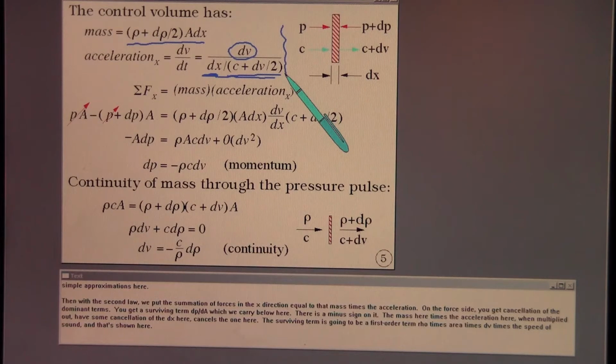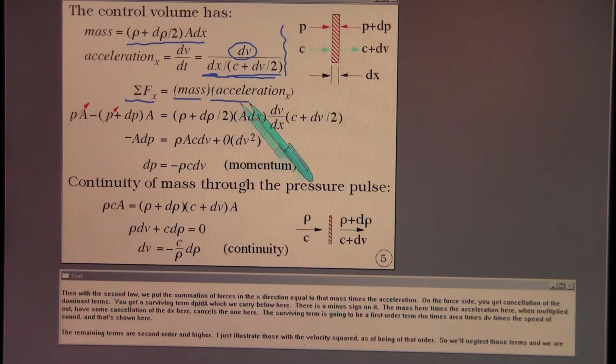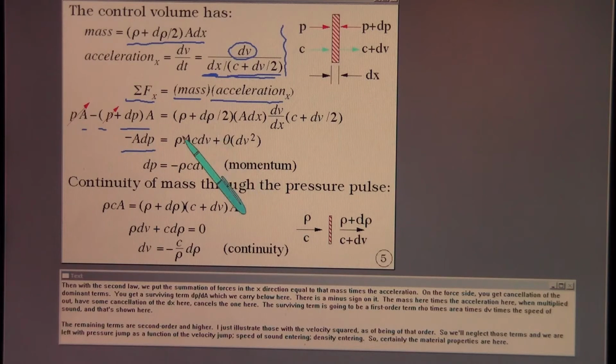Then, with the second law, we put the summation of forces in the x direction equal to that mass times that acceleration. On the force side, you get cancellation of the dominant terms. You get a surviving term, dp times a, which we carry below here. There is a minus sign on it. The mass here times the acceleration here, when multiplied out, have some cancellation. The dx here cancels the one here.